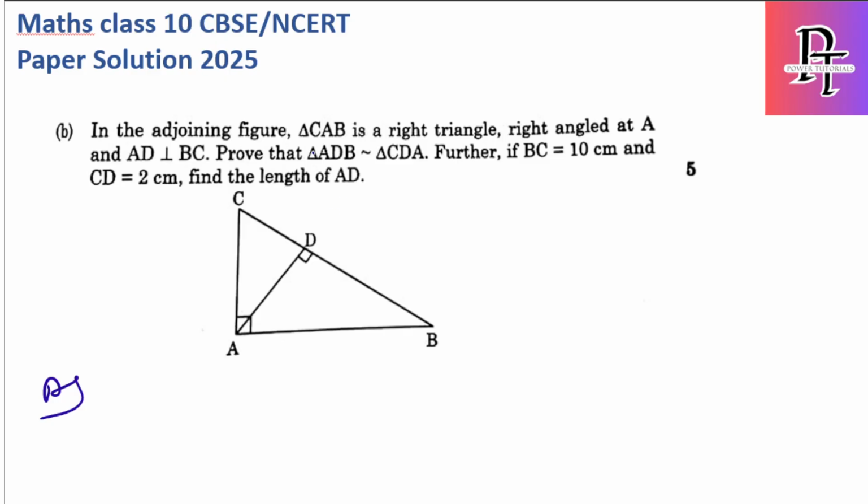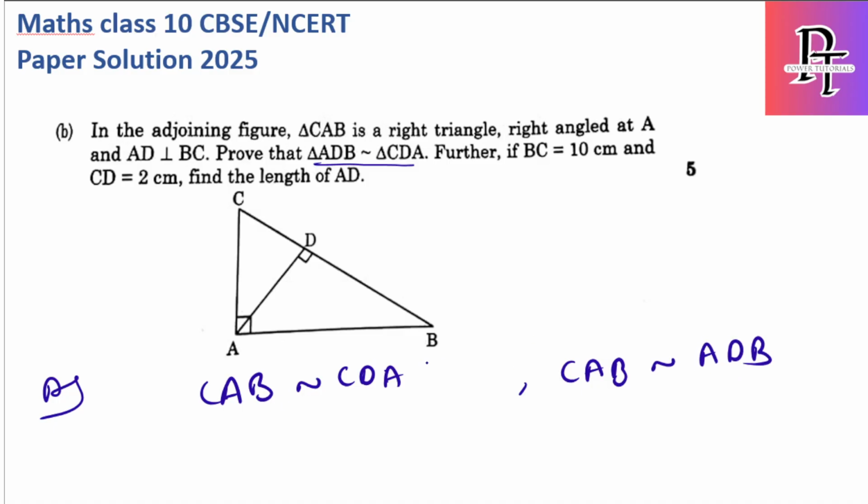So to prove directly, what I will say is, first prove CAB is similar to CDA. Same way prove CAB is similar to ADB. If you are able to prove these two, then I can say this one and this one are similar.